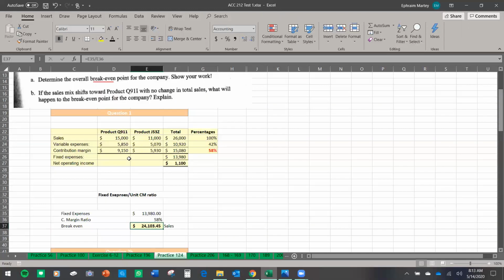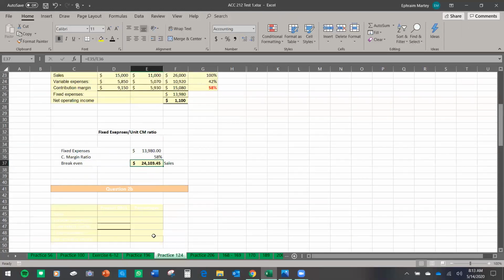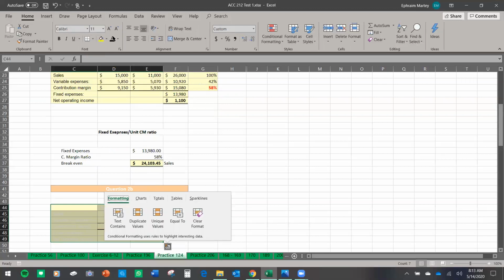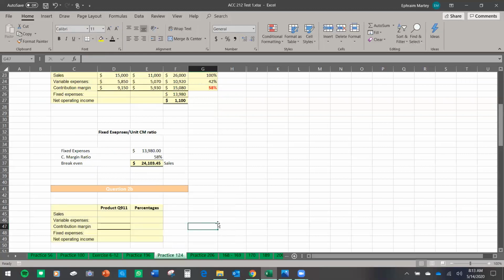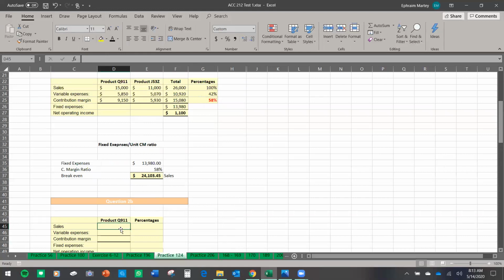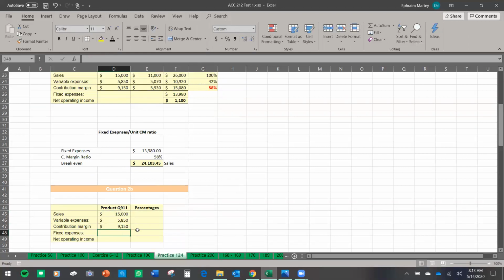So to focus on that one, let's find what we call the contribution margin percentage for that one alone. We know we have the sales for that, and then we have the variable expenses for that. So we subtract, and that is our contribution margin.